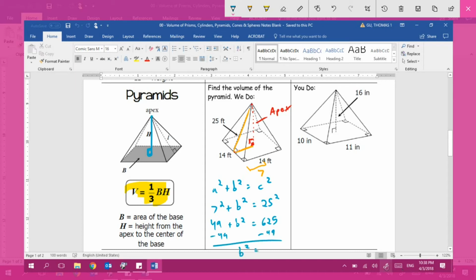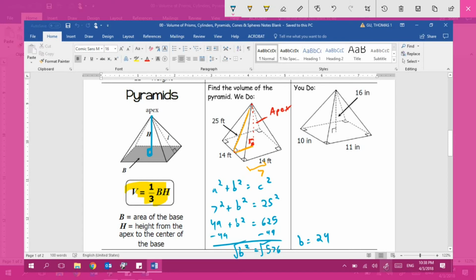B squared equals, I'm going to have to plug this one in the calculator. 625 minus 49, boom, 576. And then the square root of 576, because we want to get b by itself, b equals 24, which means my apex has a length of 24 feet.